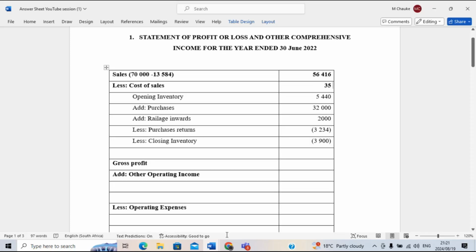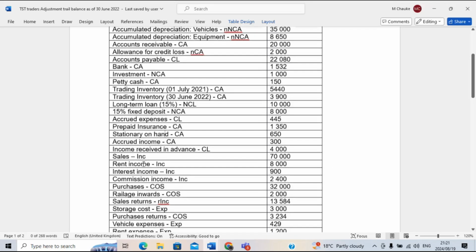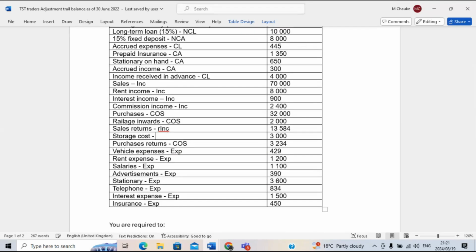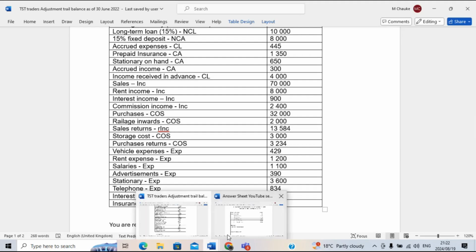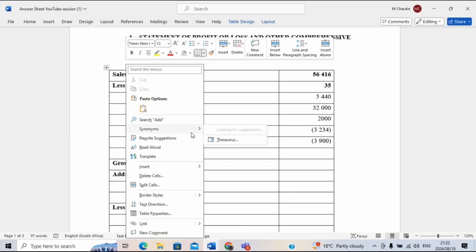Oh, yeah. Okay, I see. Let's go back to the statement there. Let's look at what we call storage costs. Storage costs is one of the items for cost of sales as well. So we have to include the storage cost. The storage cost is going to be an item for cost of sales, not on the expenses.